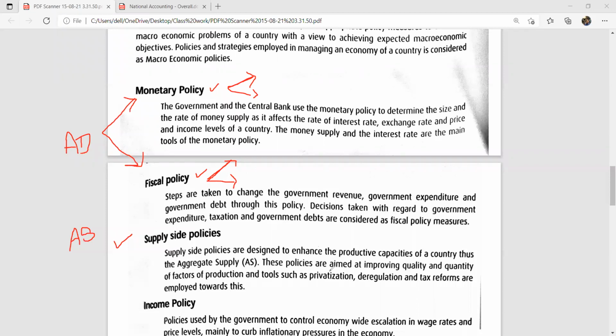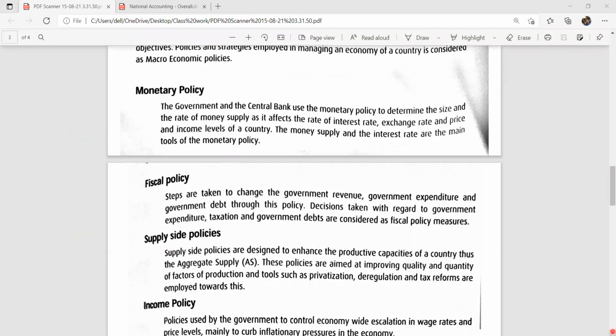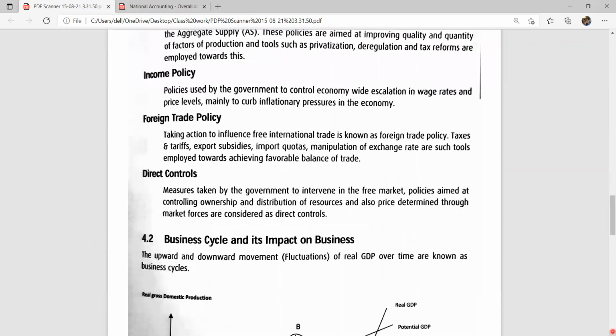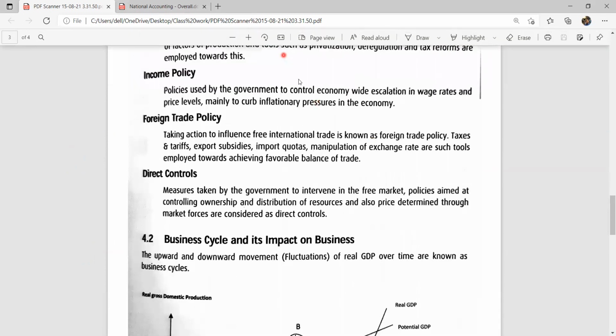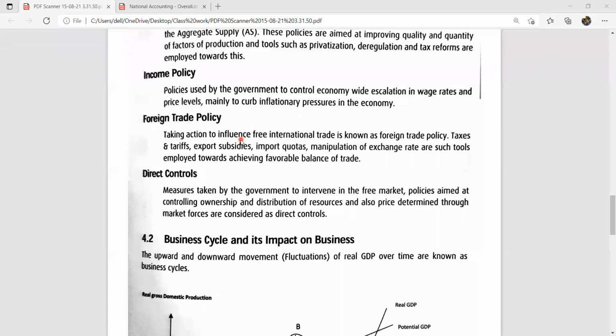These policies are aimed at improving the quality and quantity of factors of production, and tools such as privatization, deregulation, and tax reforms are employed towards this. So, supply side measures. Then the next policy, these are direct policies actually. Income policy. The government can use particular methods to control wage rates and price levels.